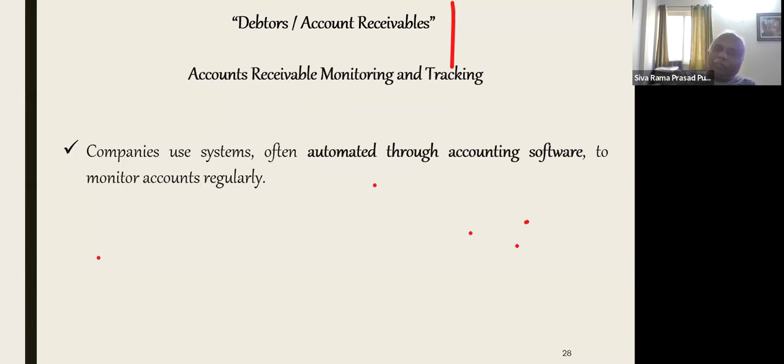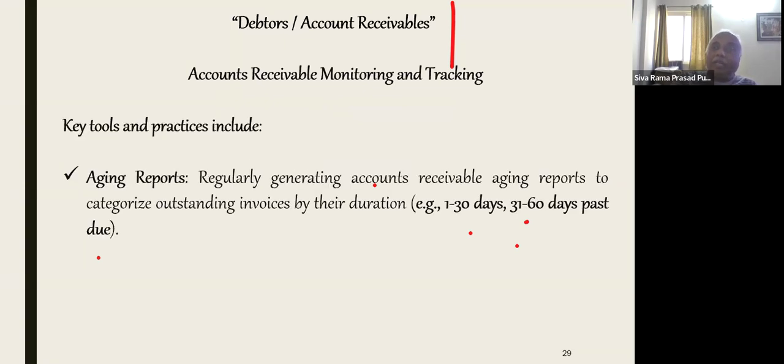Companies are using automated systems through accounting software. I just told you about ERP to monitor the accounts regularly. The aging report is required: up to 30 days, how many people are to be paid? 31 to 60, how many people are to be paid? 61 to 90, how many people are to be paid?